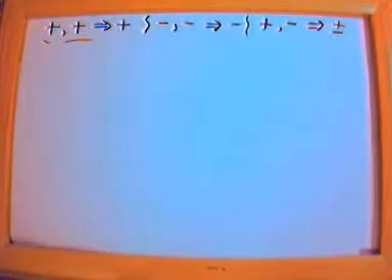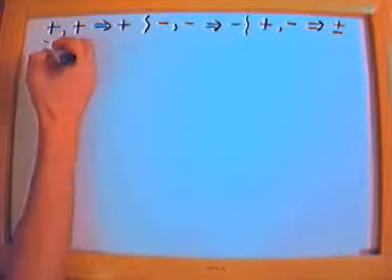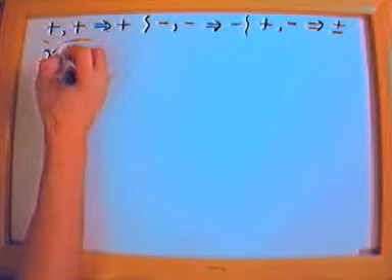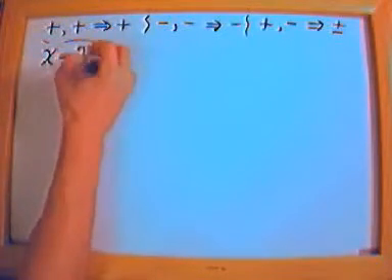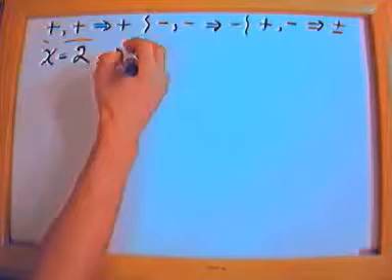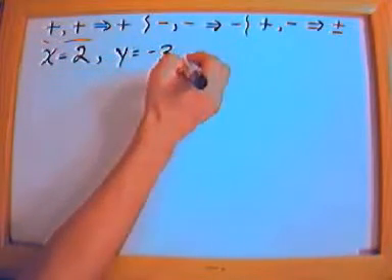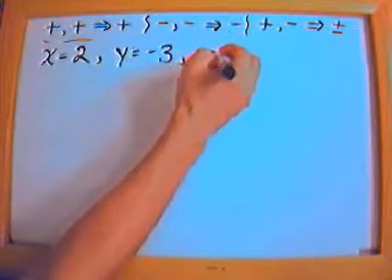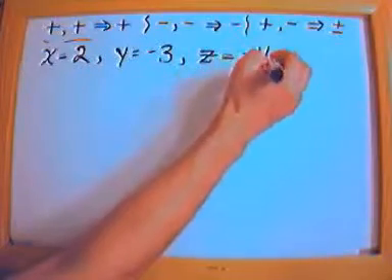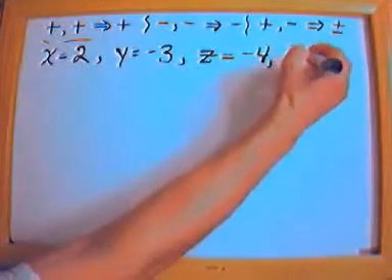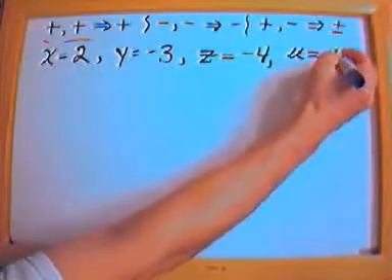All right. Now let's change pace just a little bit here. Okay. Let's say we're going to do some plug and chug things here. Let's say x is equal to 2, y is equal to negative 3, z is equal to negative 4, and u is equal to 5.